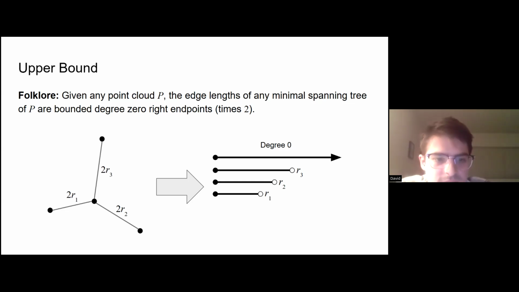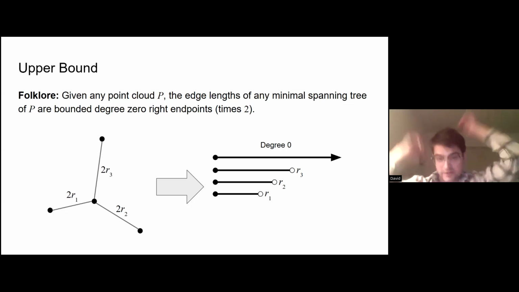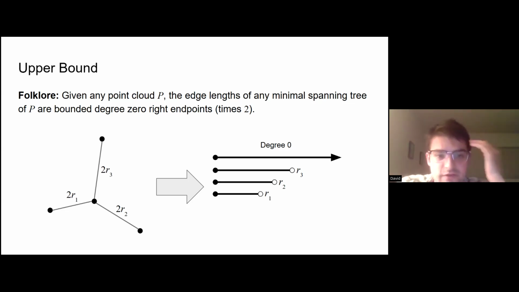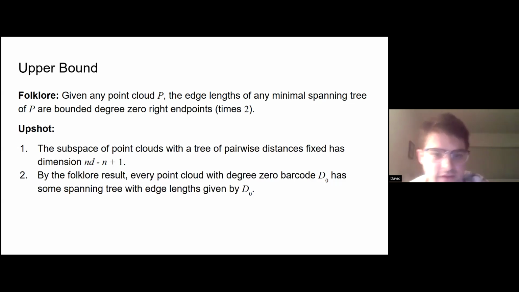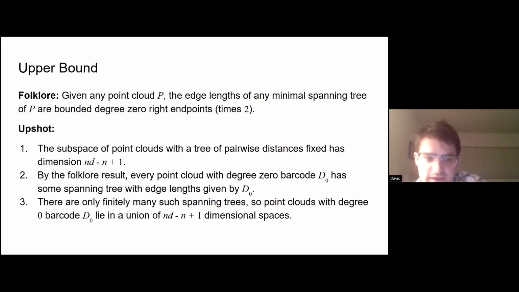But this was super useful to us because this now is a huge constraint on what our point cloud could possibly be doing if it has a certain degree zero barcode. So we use this to our advantage to get an upper bound. The subspace of point clouds with a tree of pairwise distances fixed has dimension nd minus n plus 1. This is something that you can show. And then the folklore result says that every point cloud with degree zero barcode D0 has some spanning tree with edge lengths given by D0.